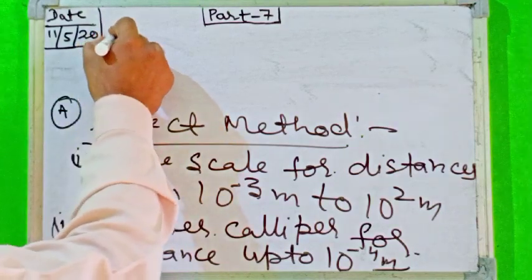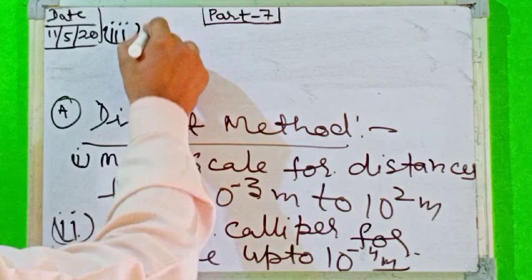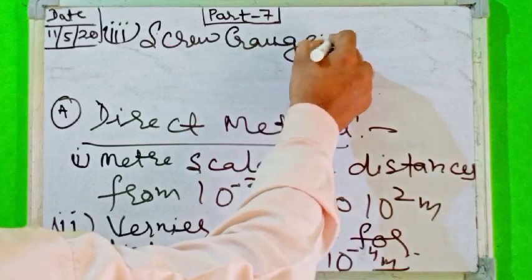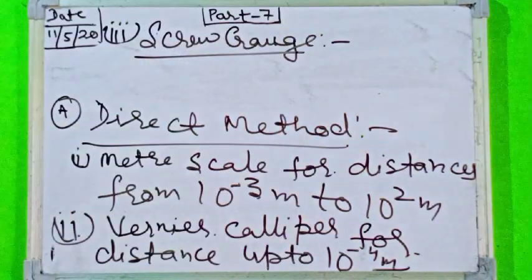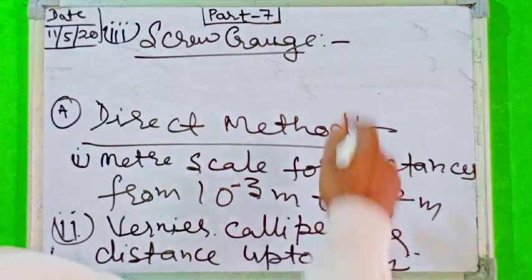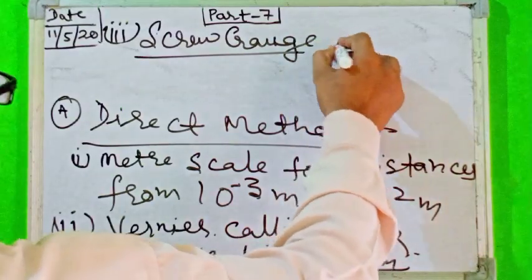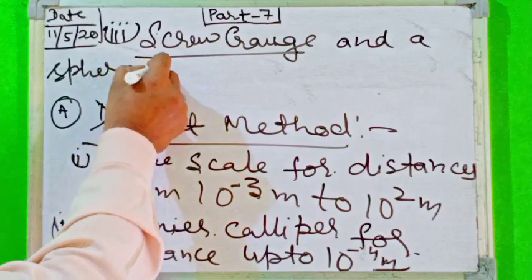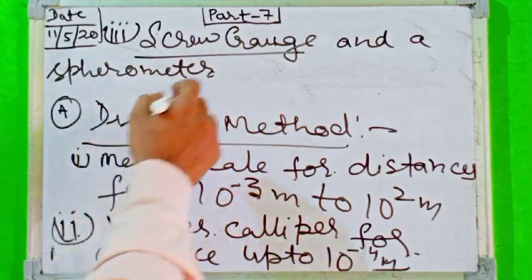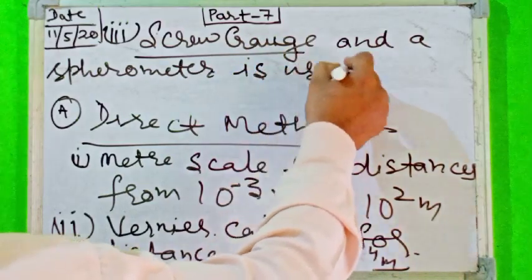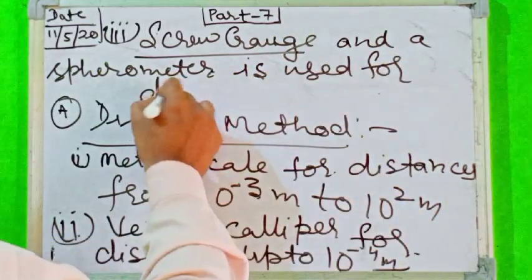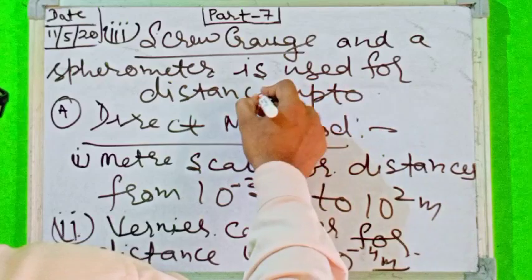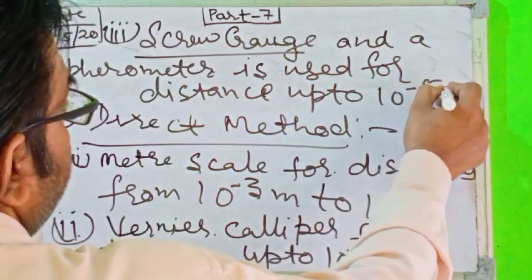Next one is screw gauge. The screw gauge and spherometer are used for distances up to 10 to the power minus 5 meter.